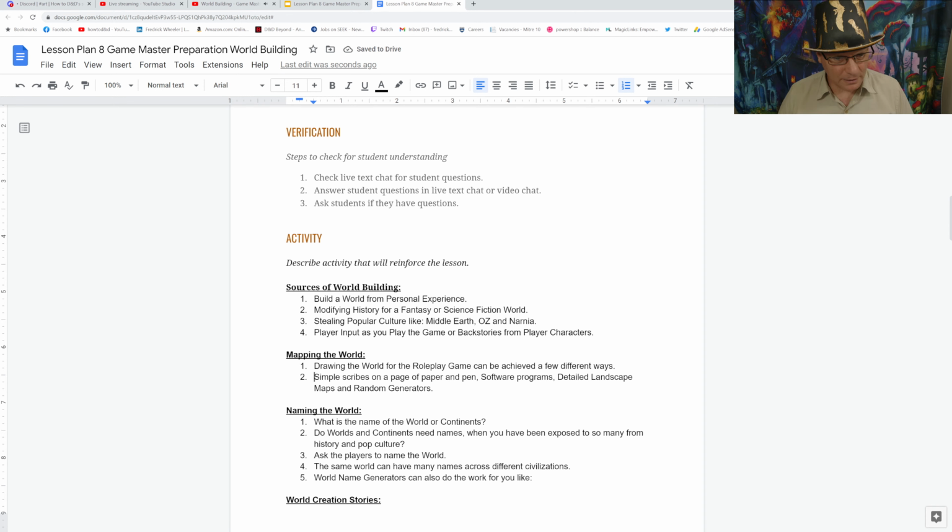Simple scribbles on a page of white paper and pencil or pen. We go back a little bit. 30 Days of World Building by Trevina.